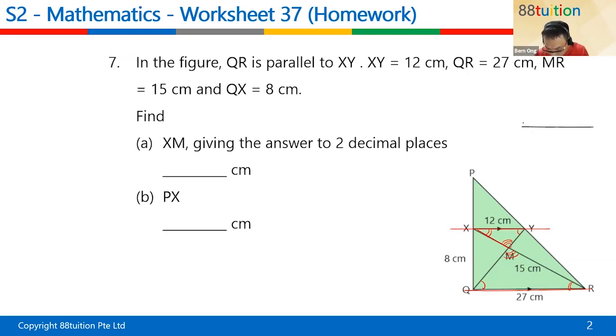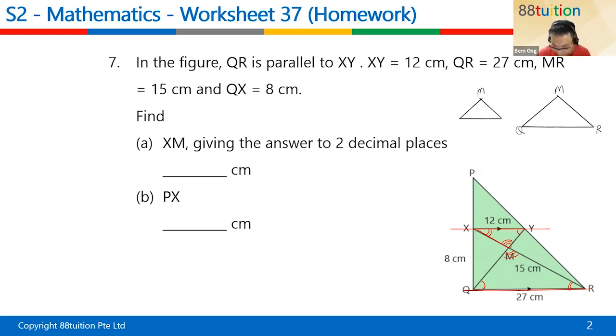So this is like the big version. This is like the smaller version. Down here I will put the letters M, Q, R. M and M is the same down here.